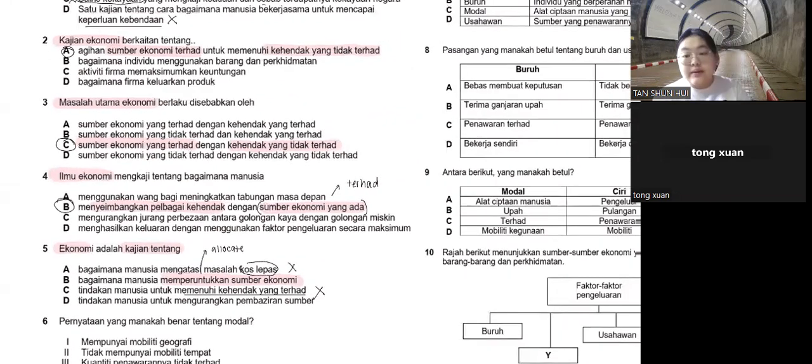whenever they ask you about, okay, what is economy, what is ilmu economy about, always find the keyword like limited resource, or whichever sentence that brings you the meaning of limited resource, like sumber ekonomi yang ada, and then with what, kehendak yang tidak terhad, okay, or to fulfill your need, memenuhi keperluan, kehendak.